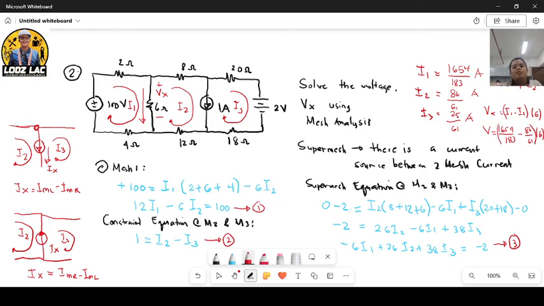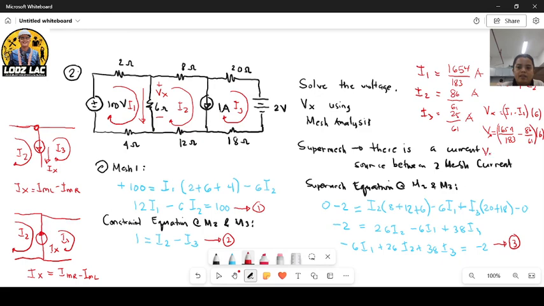So, try to solve it ha. Check nyo yung value. So, 1654 over 183 minus 86 over 61. Multiply by 6. Then, this is basically the voltage Vx.